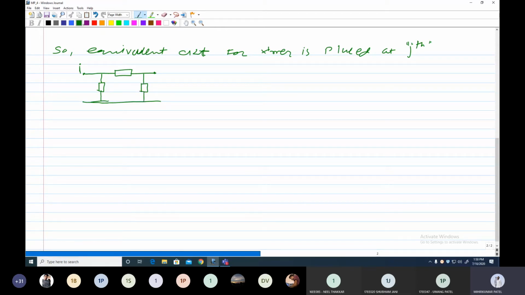So this is your equivalent circuit where the transformer is placed at the jth bus, or we can say your pi model is placed at the left side of this transformer. That means we have connected the transformer on the jth bus.